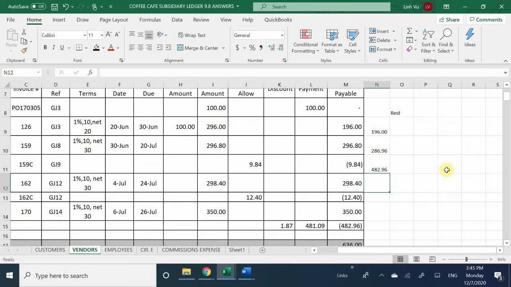How'd you get that formula? I just added this invoice with this invoice to get this total, and then I subtracted the discount.